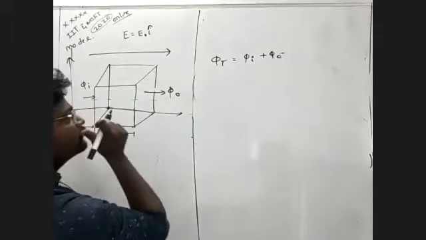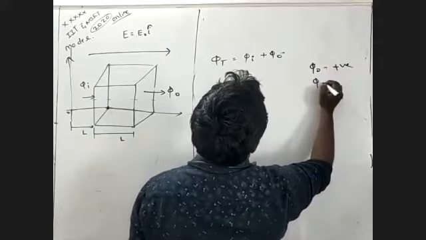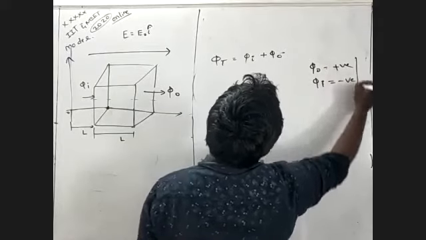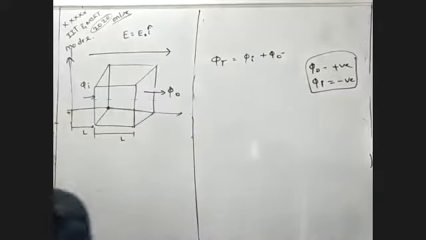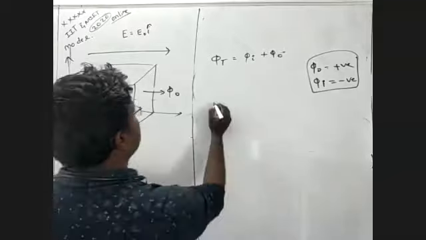So first, we know very well that out the flux is taken as positive and into the flux is taken as negative. I already explained this to you. Now we will see the into the flux.